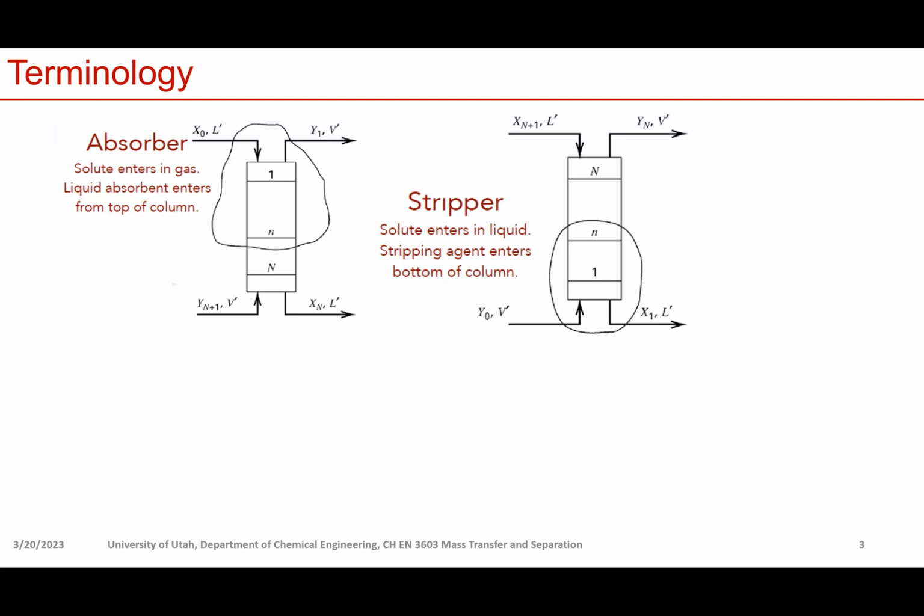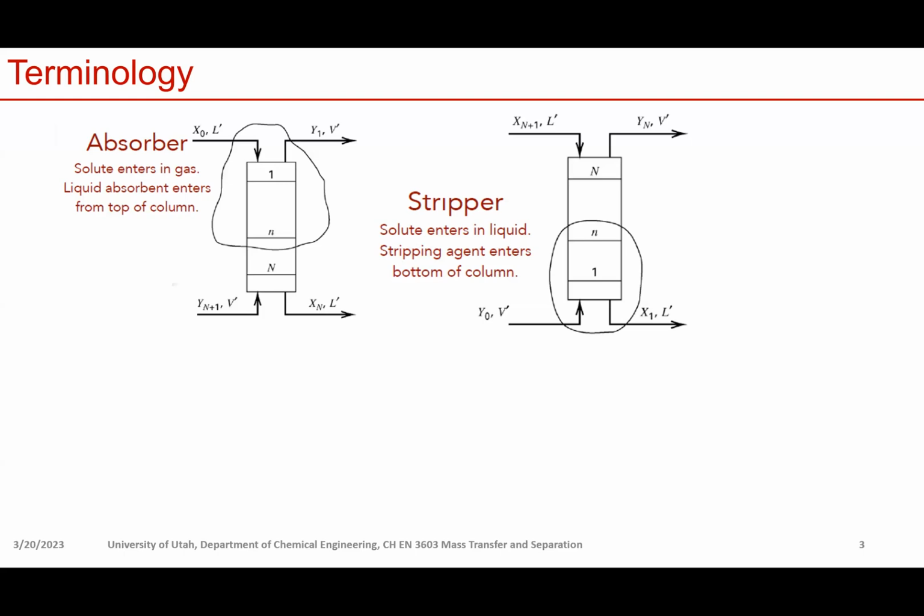If this is the absorber extracting acetone from the gas mixture, then we will have a liquid stream here that's enriched with acetone, and a gas phase that's depleted of acetone. Now in the stripper, the goal is to regenerate the liquid absorbent, in this case water, by removing the acetone from the water solution.